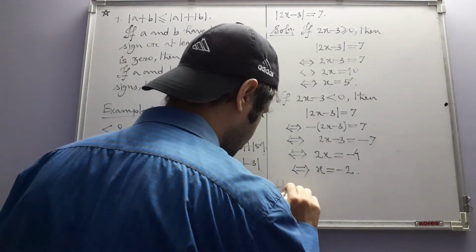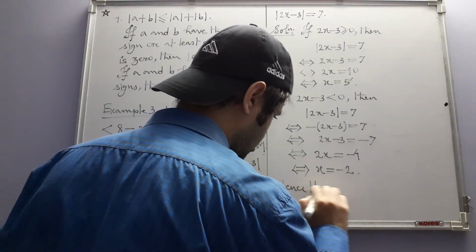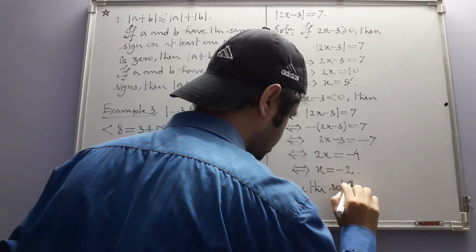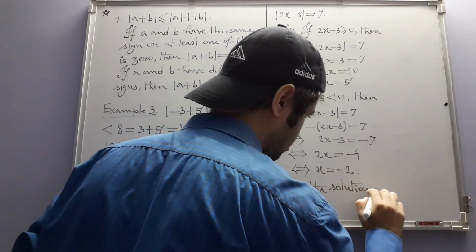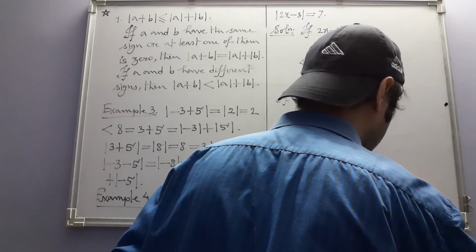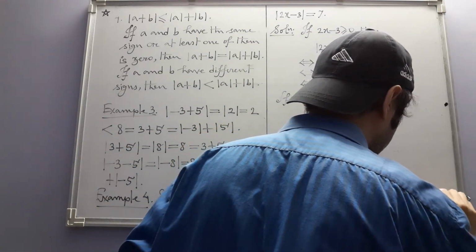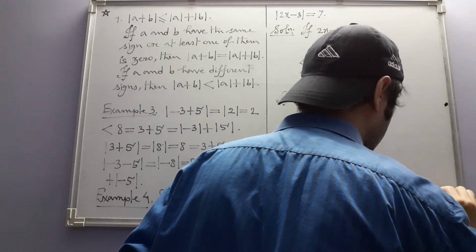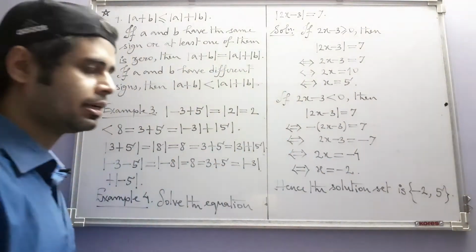Hence, the solution set is, in this case there are two solutions, minus 2 and 5.